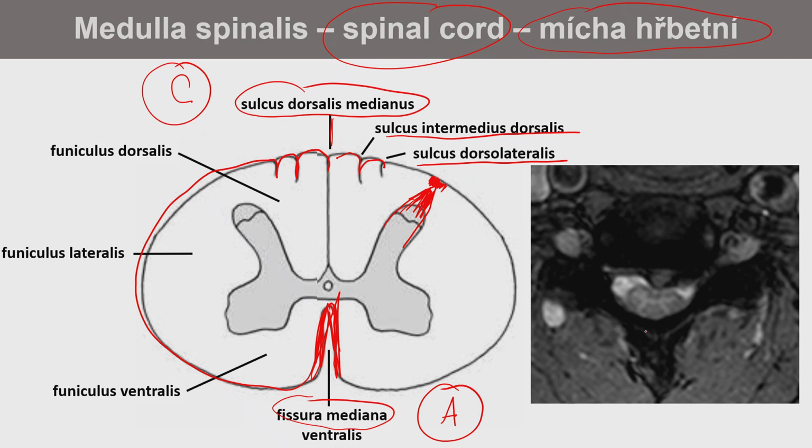So then dorsal is posterior and posterior is at the bottom. And anterior, you can see nicely here, C vertebra. And then here you can see the butterfly structure. And also, typically, dorsal horns are thinner than the anterior.